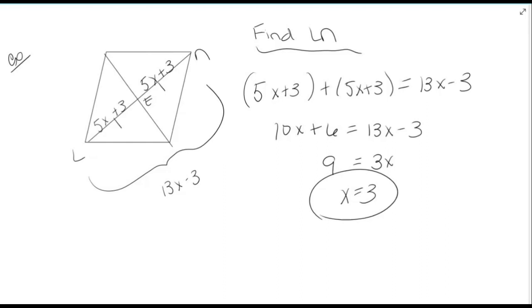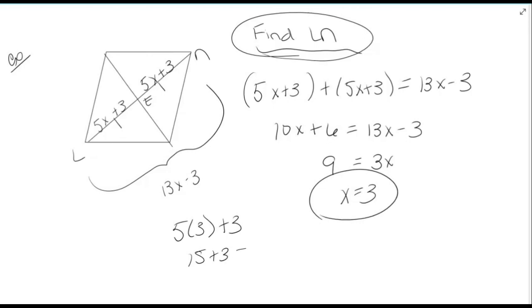But wait, you didn't actually find LN. All you did was solve for x. So be really careful with your directions. Now we have to plug this back in. So 5 times 3 plus 3 is 15 plus 3, which is 18. That's the value of one of these pieces of the diagonal.